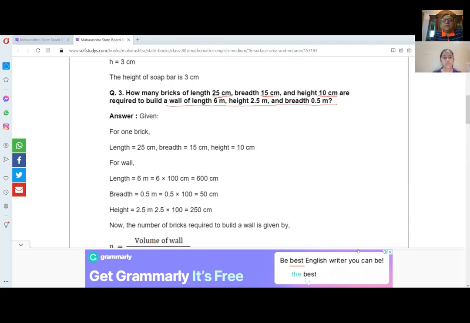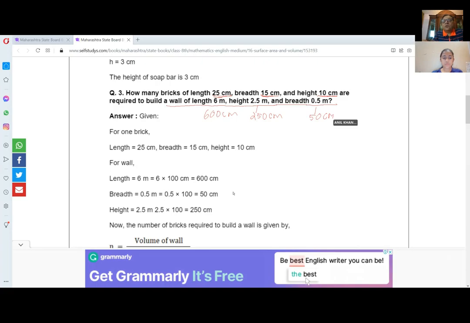If it is easy, you can convert the wall into centimeters, but converting to meters is the better thing. We'll do both ways. So this could be 600 centimeters, this will be 250 centimeters, and that will be 50 centimeters, correct?